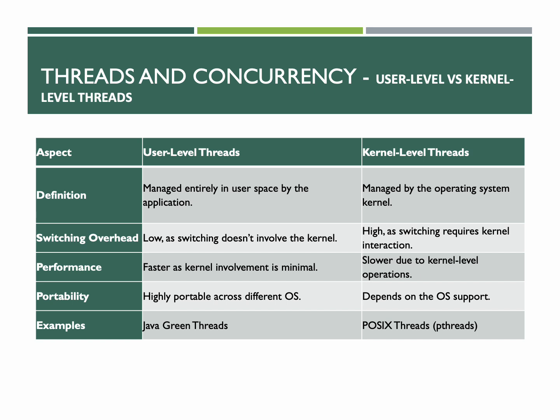Okay, fourth is portability. User level threads are highly portable as they are independent of the operating system. But kernel level threads depend on operating system support, which can vary across platforms.